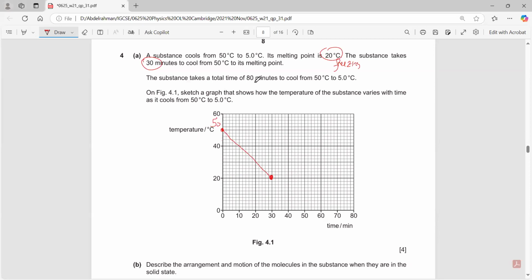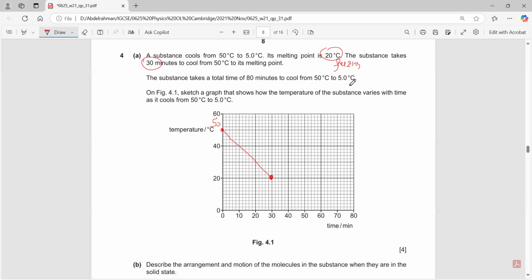The substance takes a total time of 80 minutes to cool from 50 to 5. Question is, should I continue a straight line, a constant slope, from 50 all the way to 5 degrees? No, you shouldn't. Why?